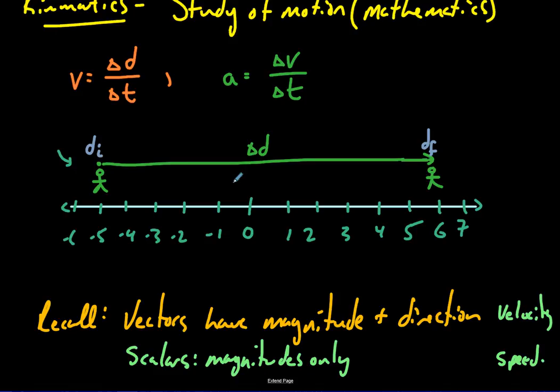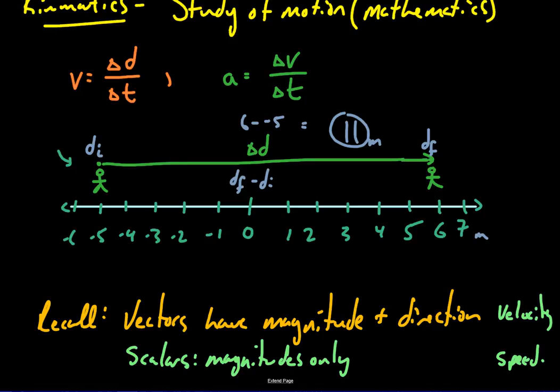Of course, delta d is always found as a final minus an initial value. So in this case we would have 6 minus -5, which gives you a positive 11 as the displacement. The displacement in this case is a move from this position to this position, and it's 11, and I guess we could say these are meters, 11 meters.